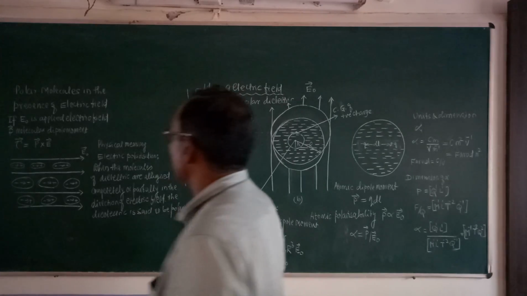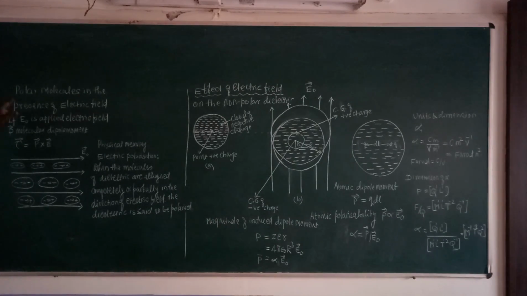Now, such a substance, when it is placed in the presence of an electric field, say E0 is the applied electric field, and the polar molecules, as we know, have a permanent dipole moment, say P. These polar molecules are acted upon by a torque.